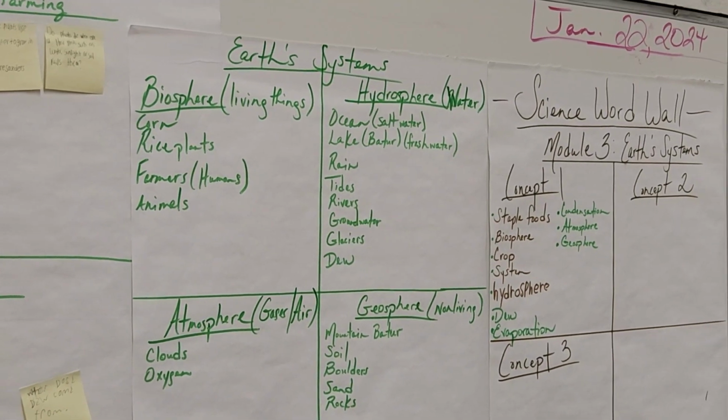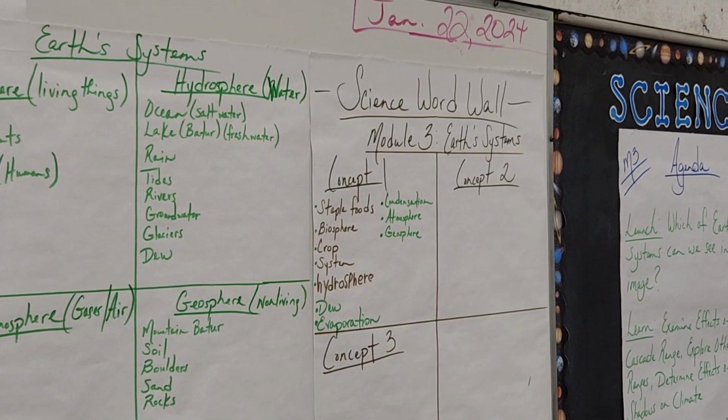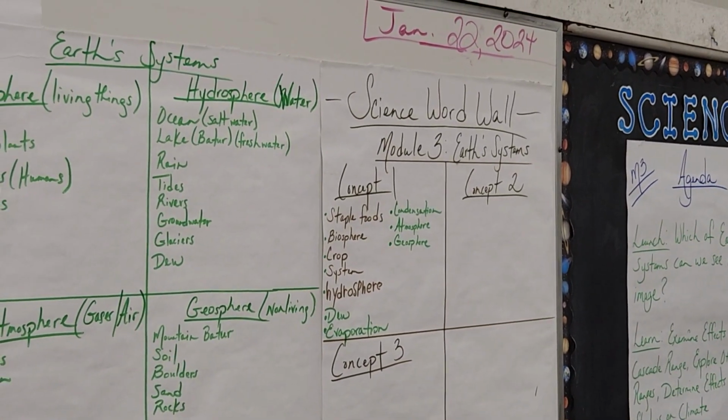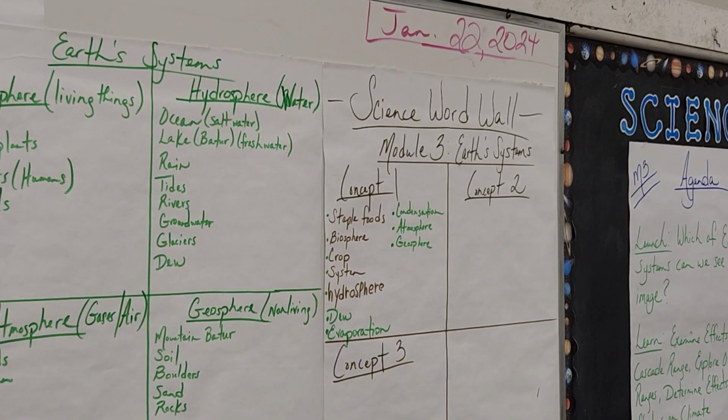Moving over to, yes, I still write the date on the board. No calendars, just write the date. Sometimes I let the student write it. But below it is my science wall. I also labeled the module title. Each concept is written. Now, what's the purpose of doing this?